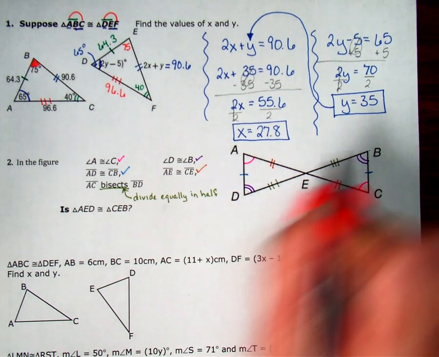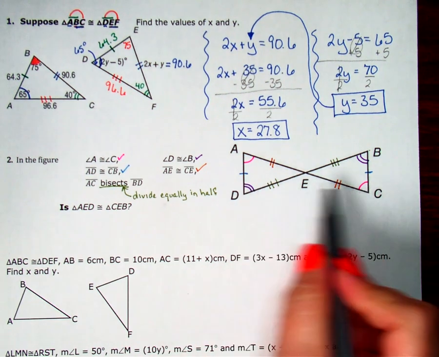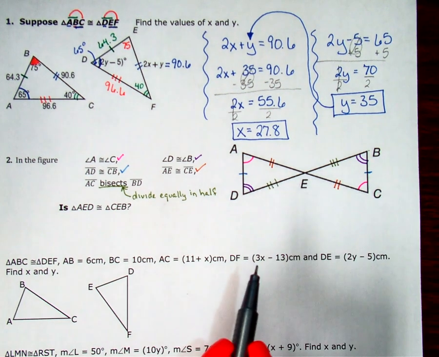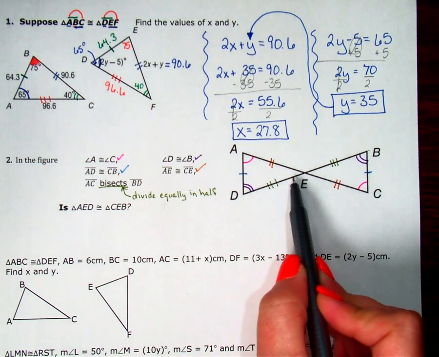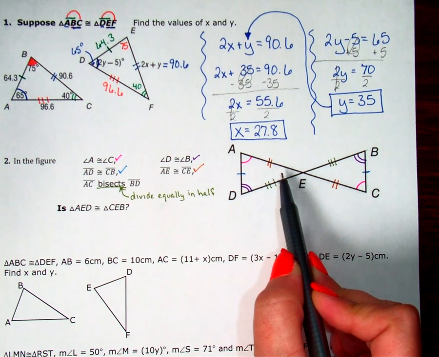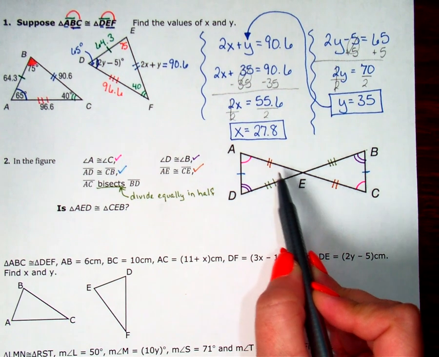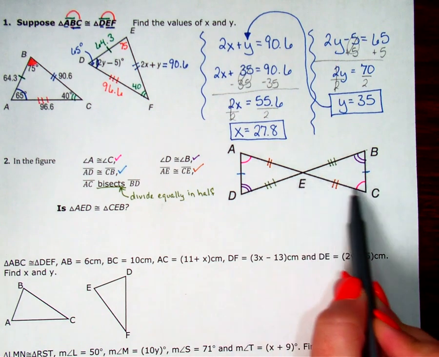Okay? All right, so when I look, do I have enough information in my picture to say I have congruent triangles? When I look at this, I can see that all 3 of my sides are marked. I've got a single, I've got a double, I've got a triple. And then when I look at my angles, I've got my single set and my double set. But I don't have that this angle matches with this one. However, if this was a proof, I would say angle AED and angle BEC are vertical.